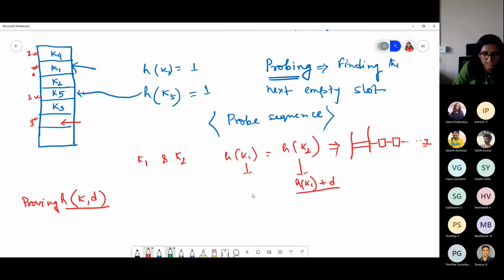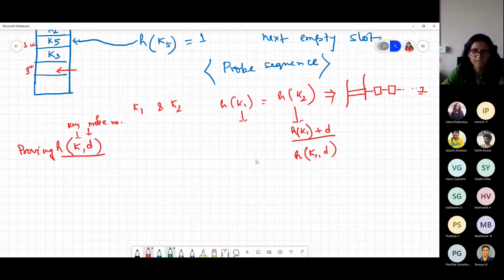So here k is the key value and d is the probe number. So when k2 is stored in the h of k1 plus d location, when you want to access that element, you need to give the function k1 and d, these two values. If you give these two values, then you can collect the data from there.